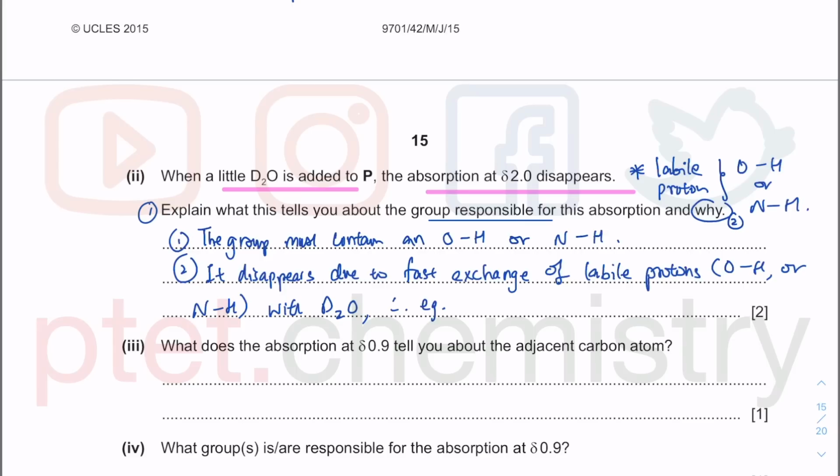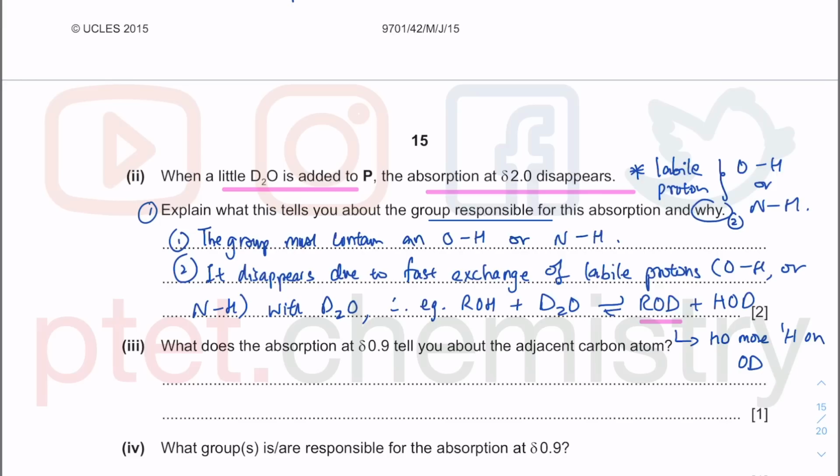For example, ROH plus D2O. I'm going to swap the OH to become OD, and I'll get HOD. So what we can say about this ROD is that it has no normal protons on the OD. Therefore, you will lose this absorption, you will lose this signal there.